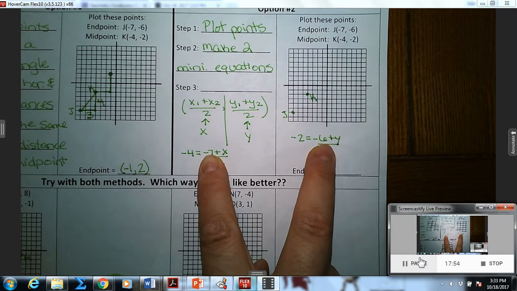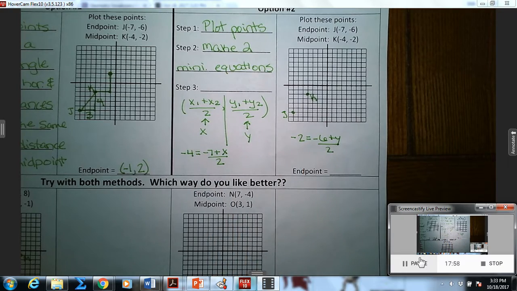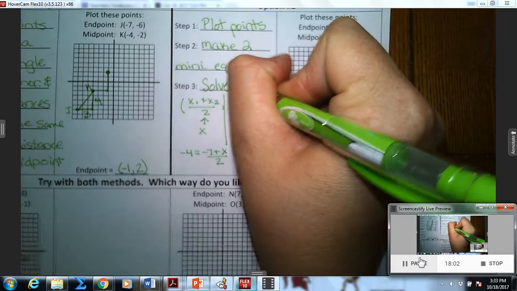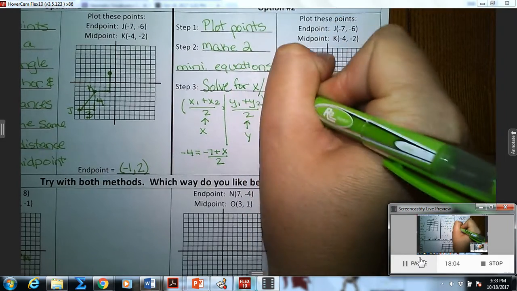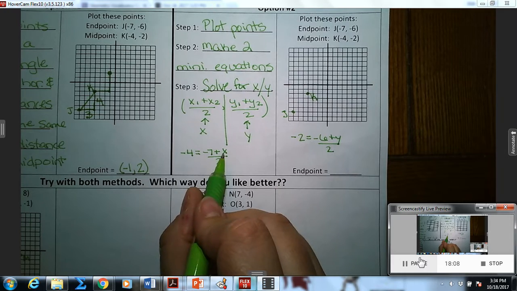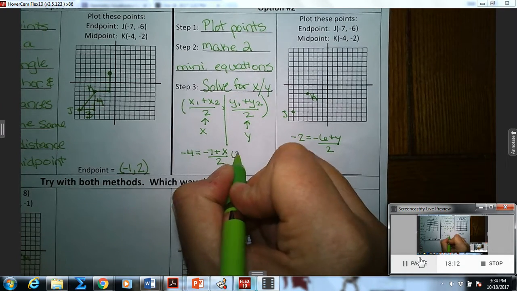And I'm going to use my algebraic skills, step 3, to solve for x or y. Well, algebraically, I want to get x by itself. So first thing to do for both of these equations is to multiply by 2.